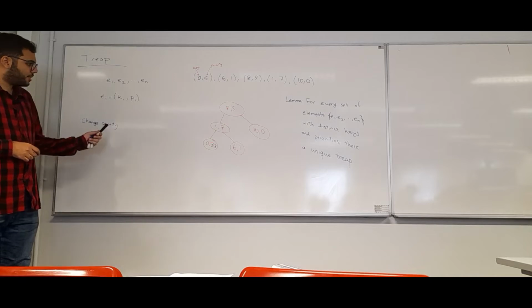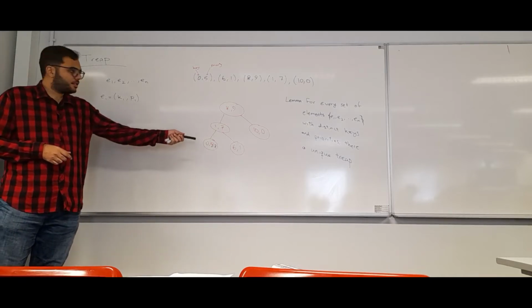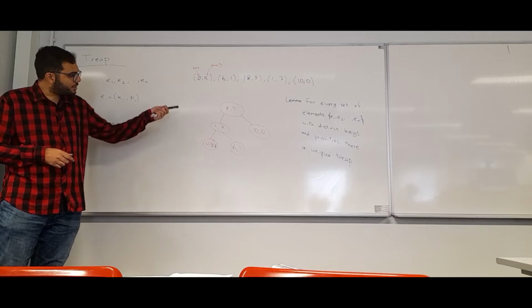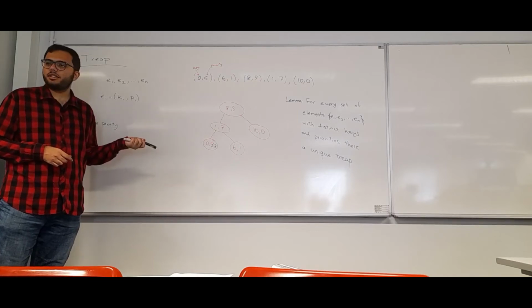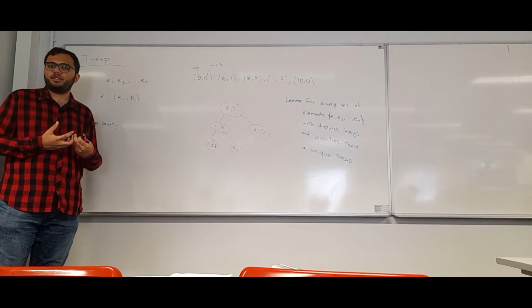So increasing the priority doesn't really affect the keys. So the tree still remains a binary search tree on keys. So I just have to make sure that I get back my heap property on the priorities.